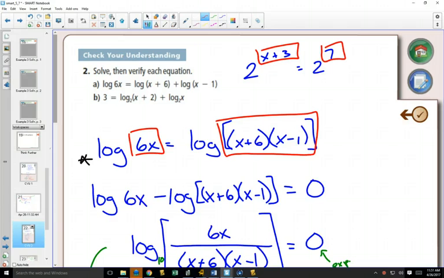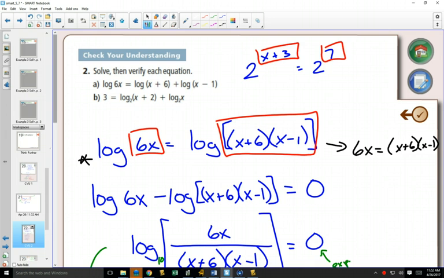Log of something equals log of something. As long as there's no extra plus 1 on the end or anything extra. But if it's log of something equals log of something, then what you're going to get as your next step is you can just say, well, that something equals the other something. Log x plus 6, x minus 1.